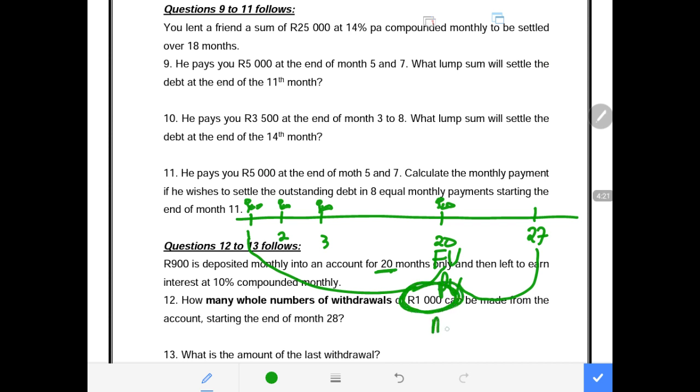In other words, we are calculating n, how many withdrawals of 1000 can be made out of this amount which is in the account at the end of month 27, such that 1000s will be withdrawn for the next period that we are looking for.